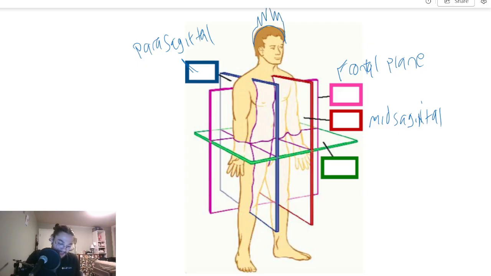There you go. So this is the coronal plane, and the axis of rotation is the anterior-posterior axis. That axis is in the sagittal plane, and the plane of motion is the frontal plane, about that anterior-posterior axis.